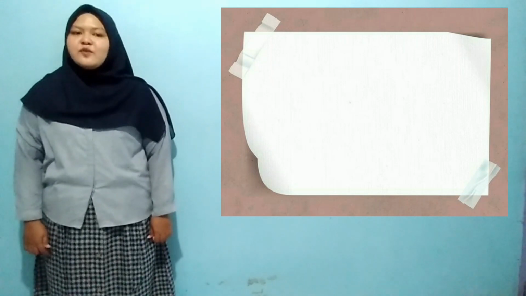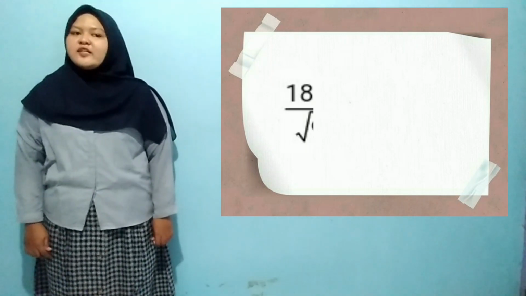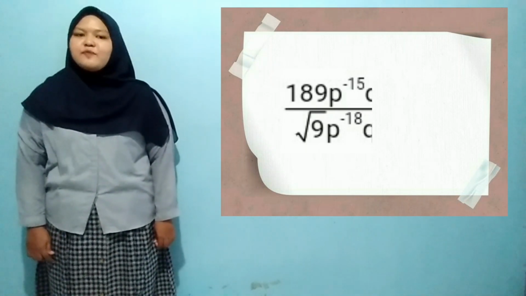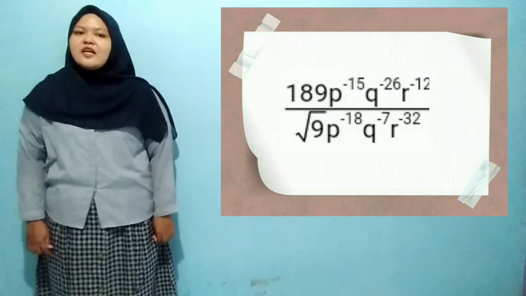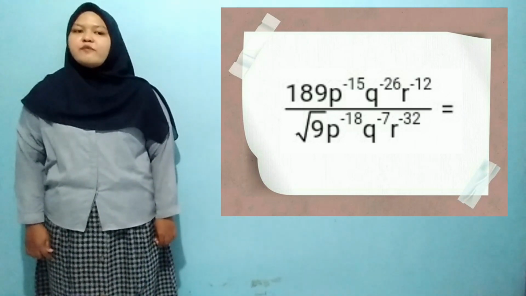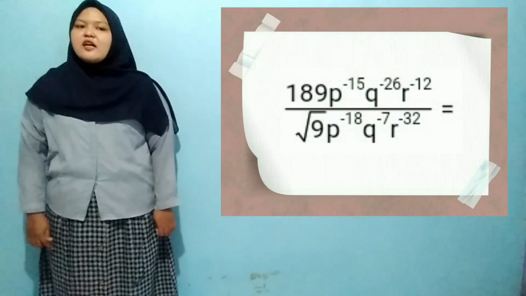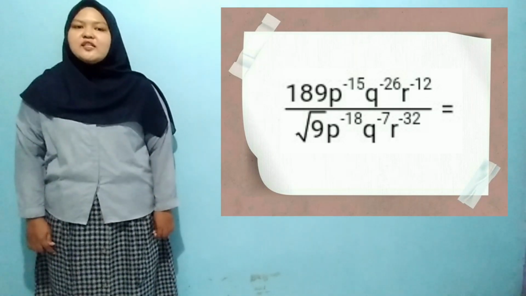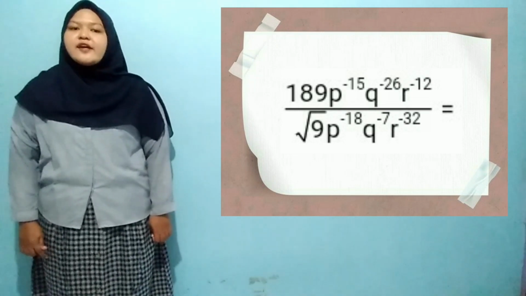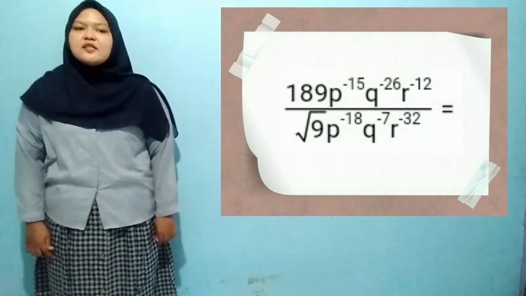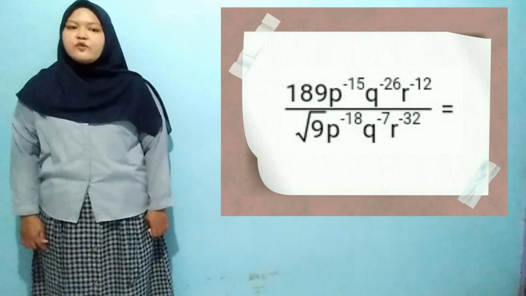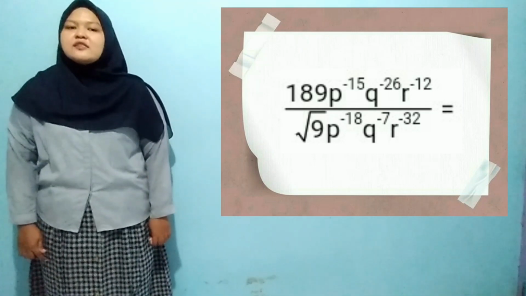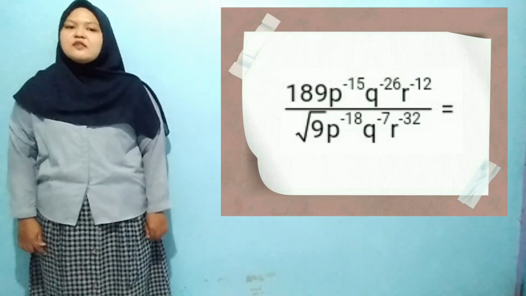And the question number 2: 189 times p to the power of minus 15 times q to the power of minus 26 times r to the power of minus 12 divided by root 9 times p to the power of minus 18 times q to the power of minus 7 times r to the power of minus 32.